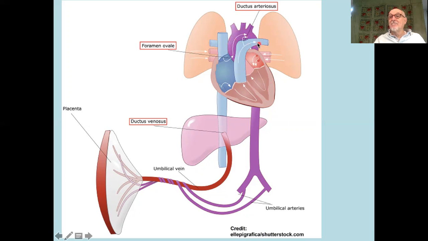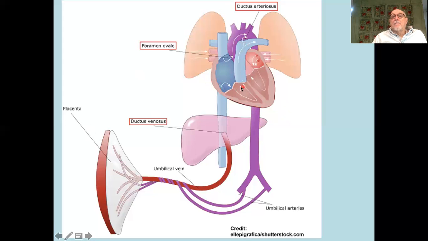Pulmonary artery carrying relatively deoxygenated blood in the fetus. Not that deoxygenated, but there it is there. In the adult, it would carry deoxygenated blood to the lungs to be oxygenated. The aorta would carry oxygenated blood to the rest of the body. In the fetus, these are joined there. The blood mixes here. In addition, there are holes in the septa of the ventricles to allow mixing of the blood in the heart.